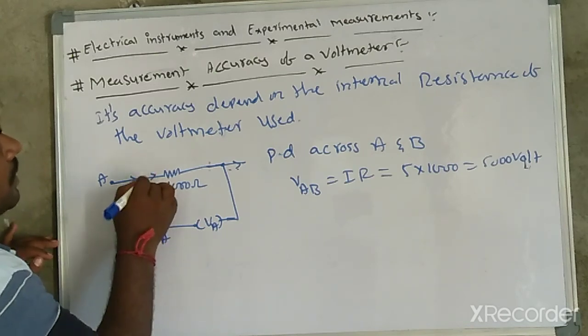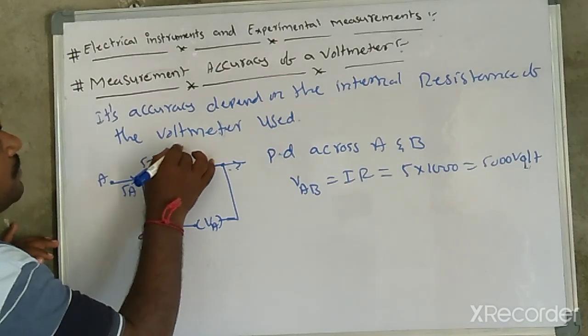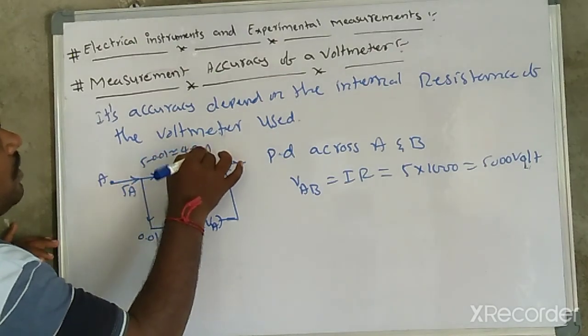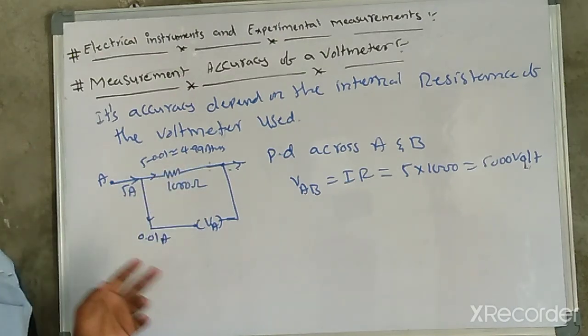So the remaining current, 5 minus 0.01, approximately 4.99 ampere, passes through this high resistance.